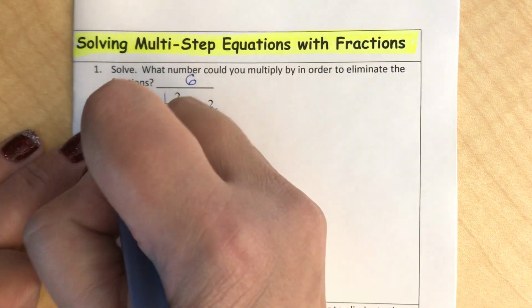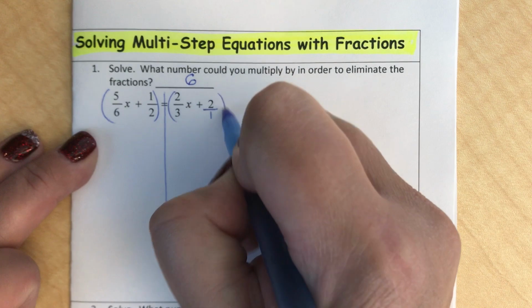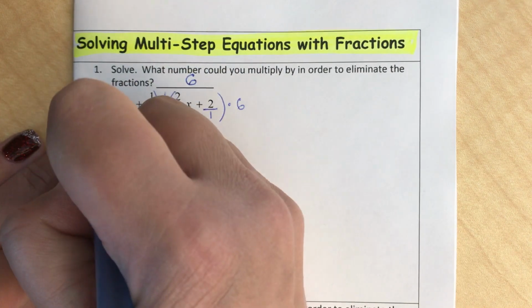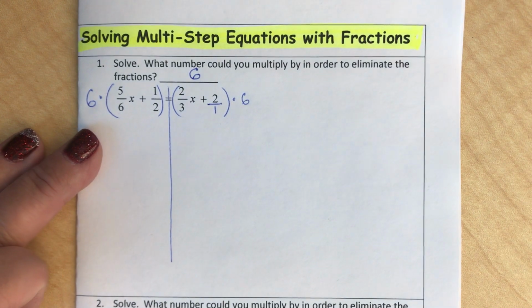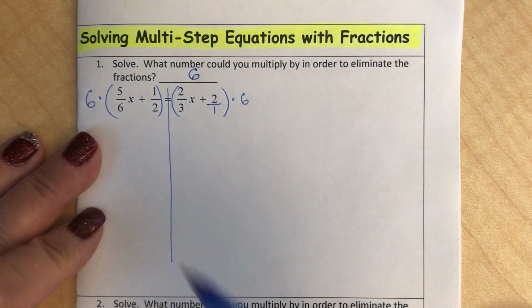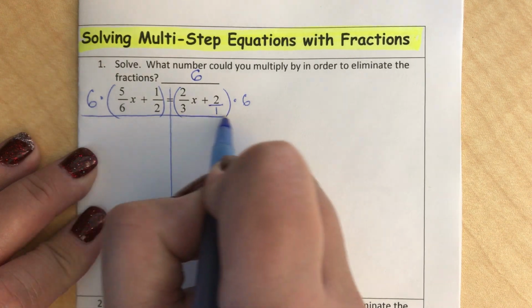Once I multiply both sides of the equation by 6, by that common denominator, the fractions will disappear. Let's see. Is that really true?